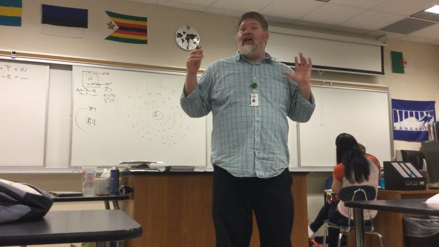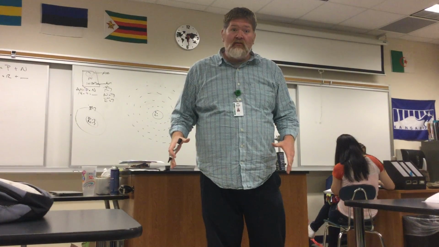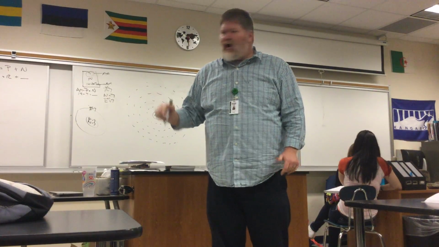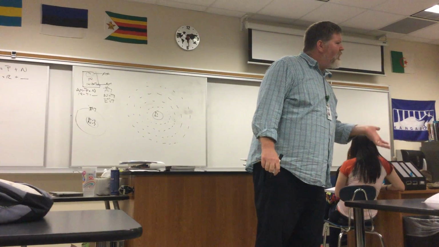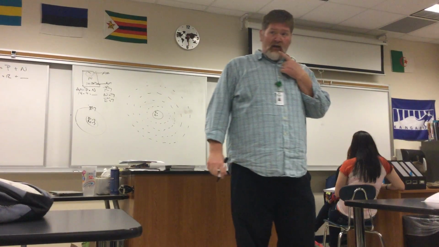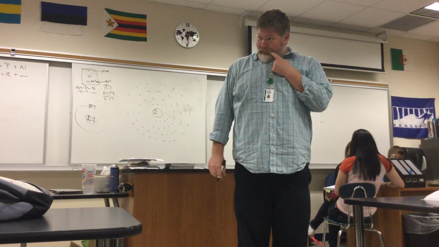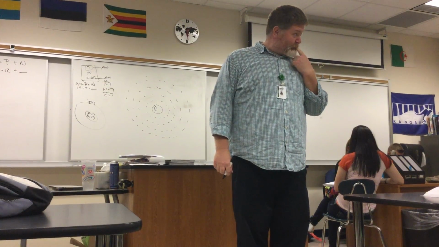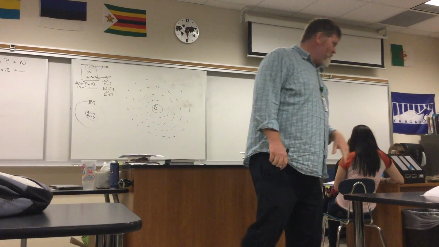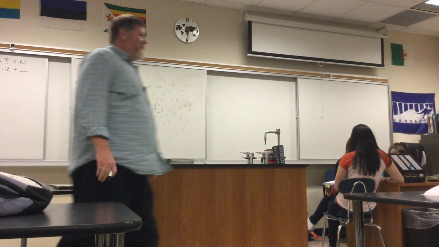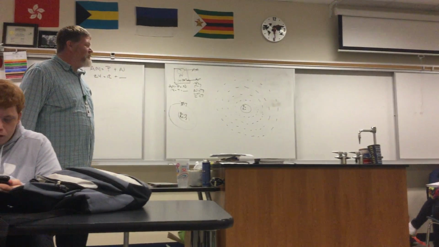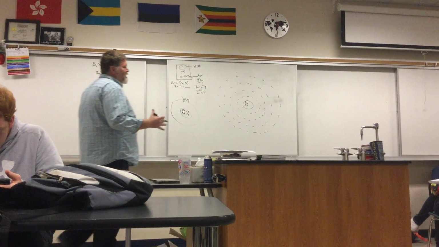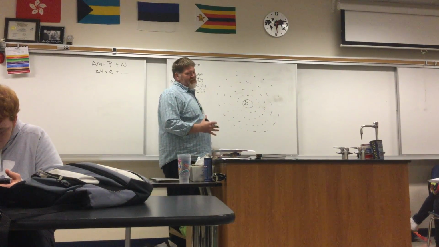How many energy levels do we have? 7. How many rows are there on the periodic table? 7. Coincidence? I think not. There's 7 rows and 7 energy levels, right?